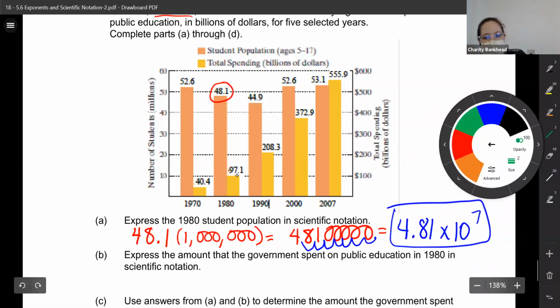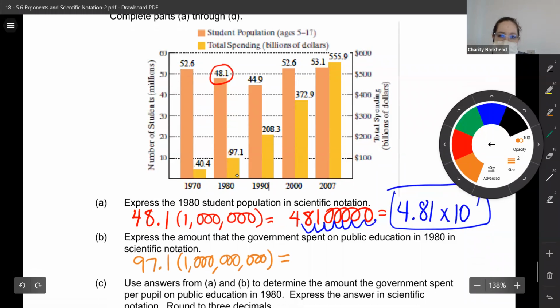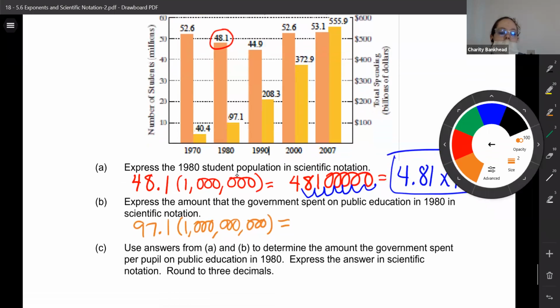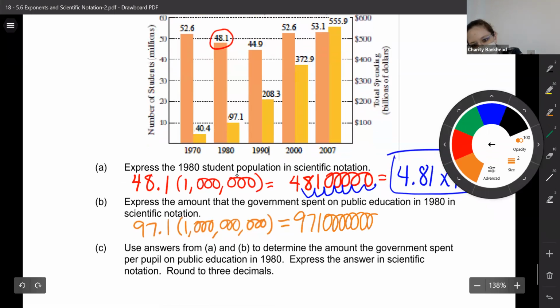So I have to do 97.1 multiplied by a billion. So 1, 2, 3, 4, 5, 6, 7, 8, 9, 10. So 9.71 times 10 to the 10.